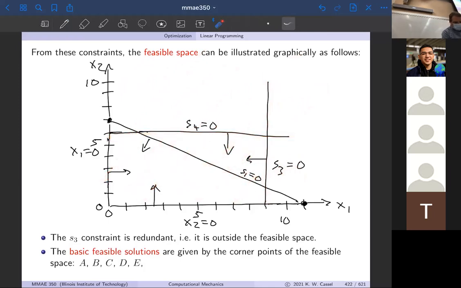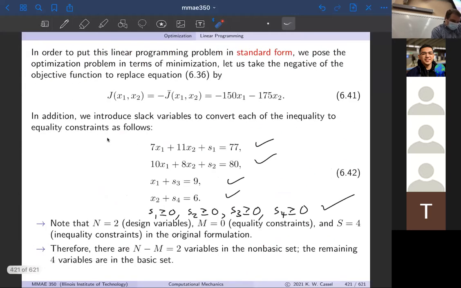And now I incorporate this constraint, and now I've got this shape right here. So far, that's my feasible space. But I still have one more. And that's this second one here. So 10x1 plus 8x2 is equal to 80. So if x1 is 0, then x2 is equal to 10.